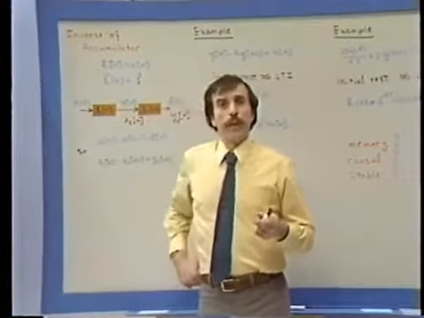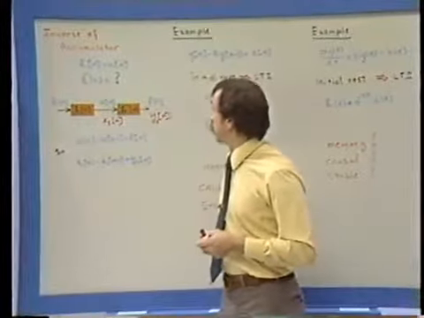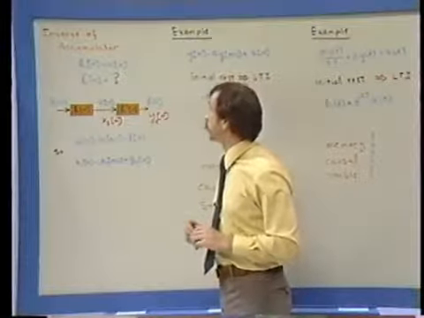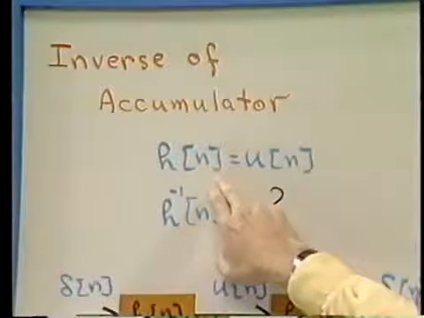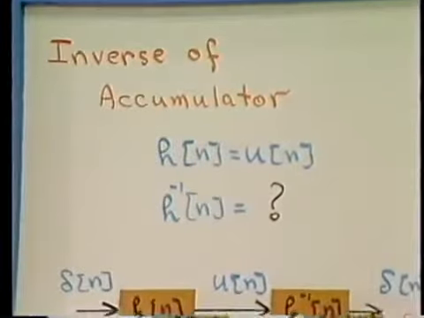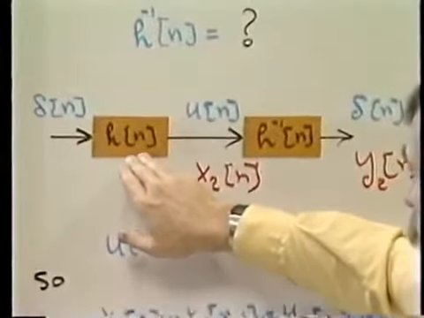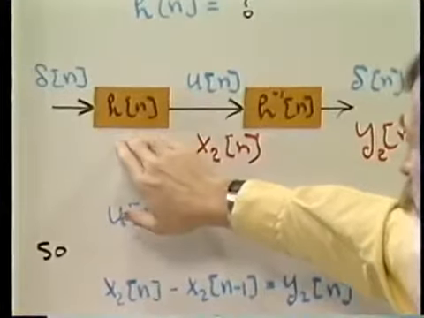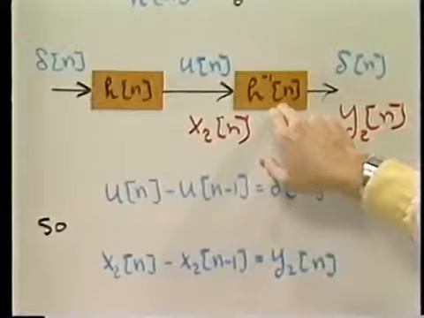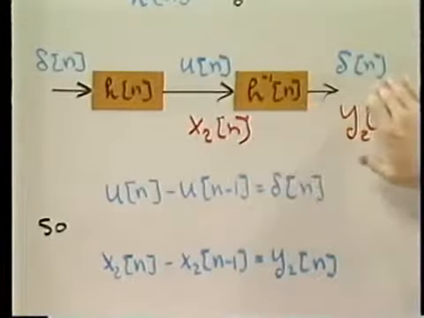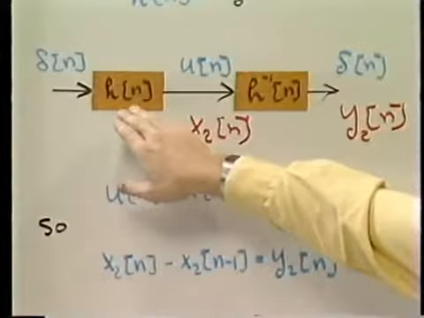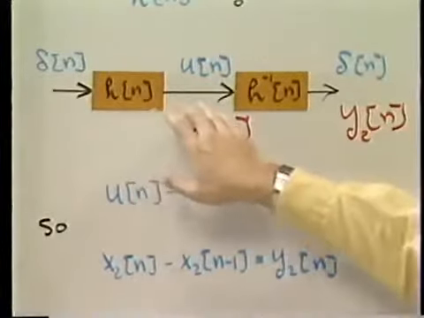Now, does an accumulator have an inverse? Well, the answer is, in fact, yes. And let's look at what the inverse of the accumulator is. The impulse response of the accumulator is a step. To inquire about its inverse, we inquire about whether there's a system which, when we cascade the accumulator with that system, which I'm calling its inverse, we get an impulse out. Well, let's see. The impulse response of the accumulator is a step.